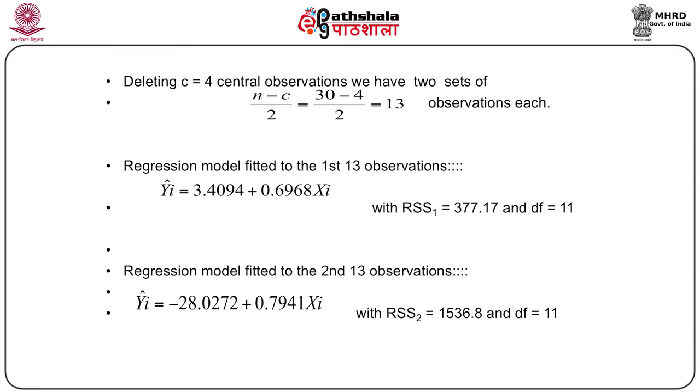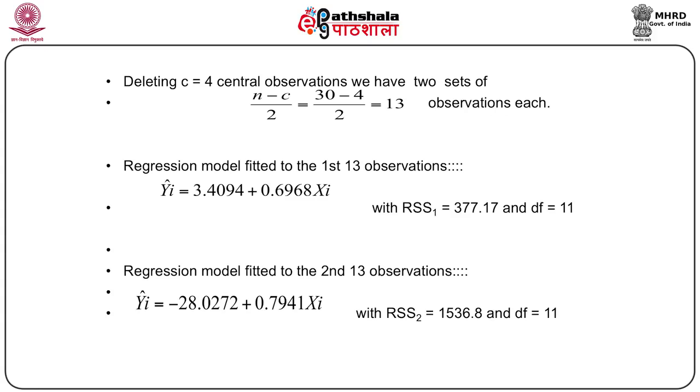Now regression models are fitted to the first and the second set of data, and we obtain the corresponding residual sum of squares for each model. After we fit the regression model to the first set of data, the model that we obtain, written in terms of the estimated parameters, is yi hat equals 3.4094 plus 0.6968 xi, with residual sum of squares RSS1 equals 377.17 and degrees of freedom 11.